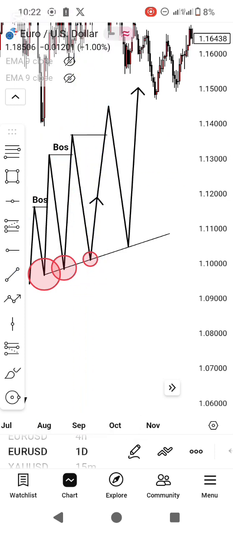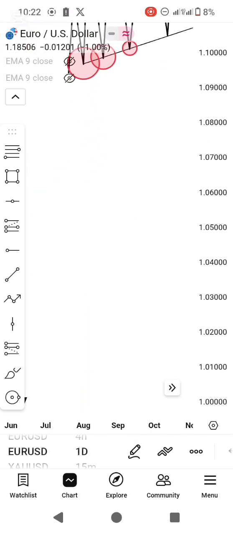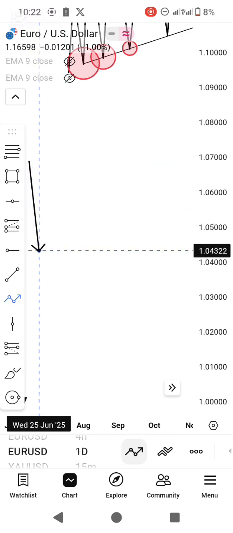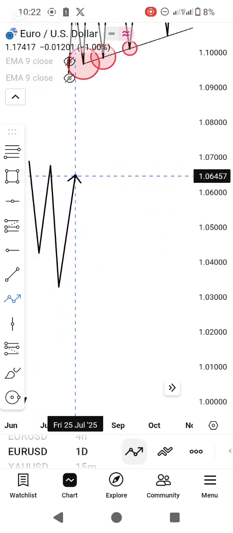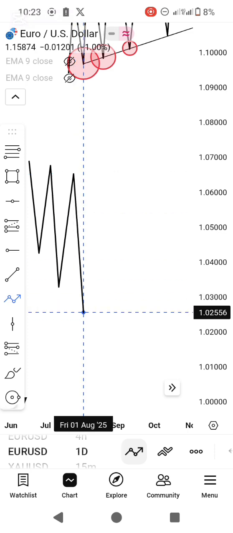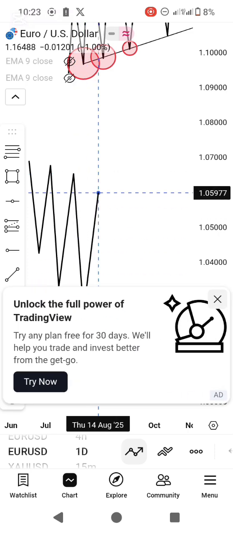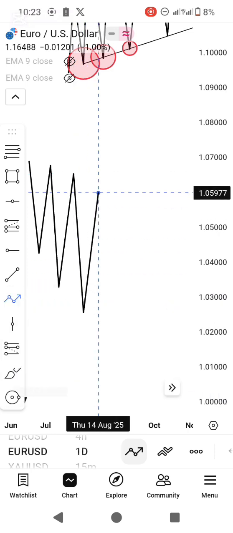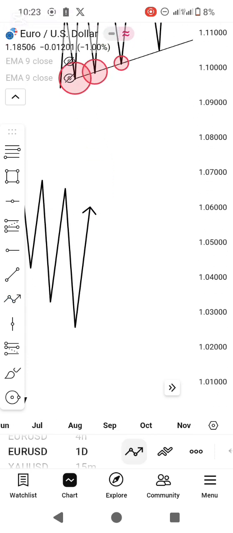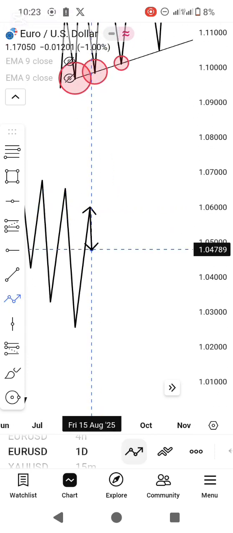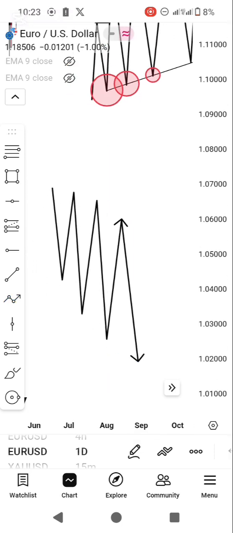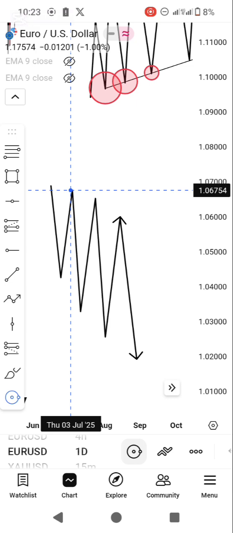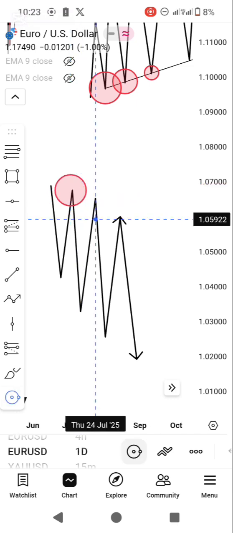Whereas in a downtrend, we have a series of lower lows and lower highs: lower low, lower high, lower high. So in a downtrend, we have these two lower highs right here.